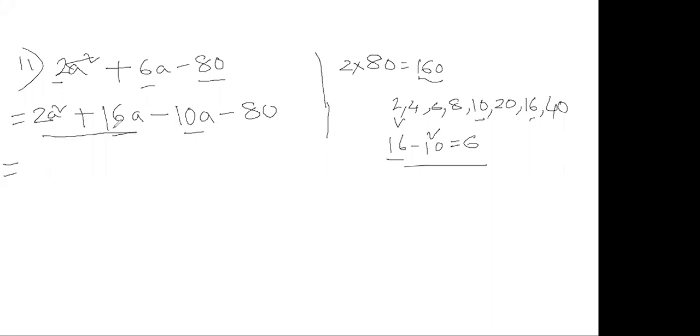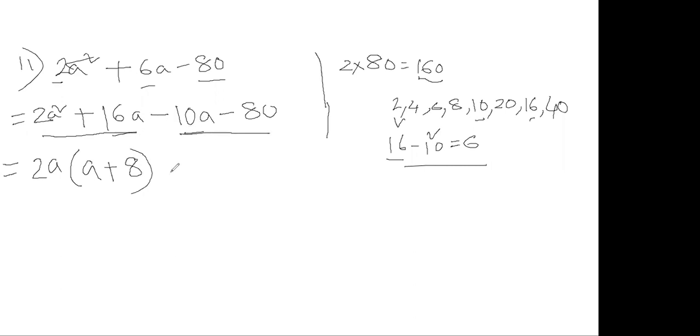Now if you consider the first two expressions, what can we take common? First of all, a is common, so a I've written. Then 2 can also be divisible by 2, and 16 is also divisible by 2, so we can write 2 as well. Then we put a bracket. Now 2a squared divided by 2a is a. Then we write the plus sign as it is. Then a divided by a gone. 16 divided by 2 is 8.